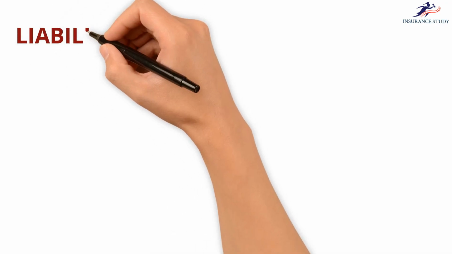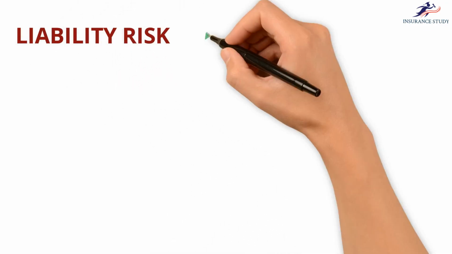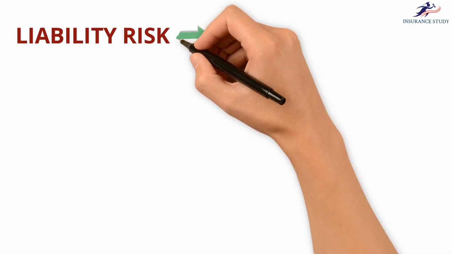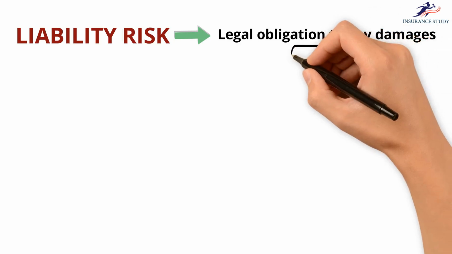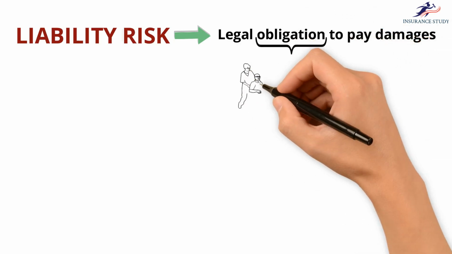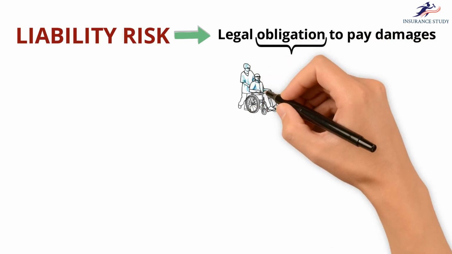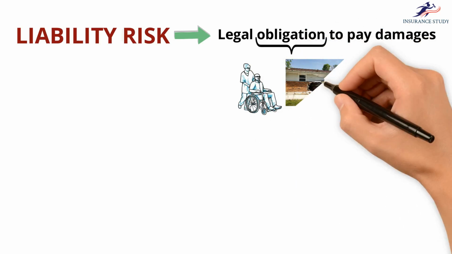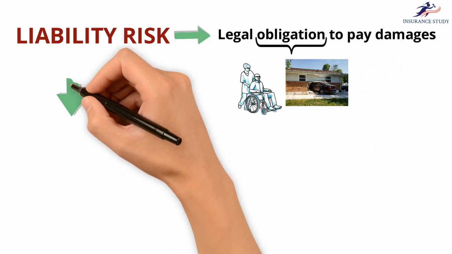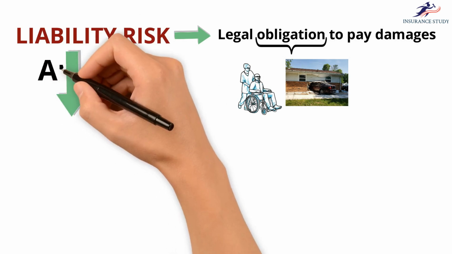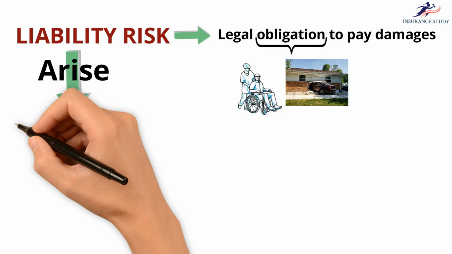Now let's look more closely at liability risk. Liability risk is connected with the person's legal obligation to pay damages. The obligation can arise because of injury or death of another person, or damage to another person's property. So there are several areas where liability can arise.